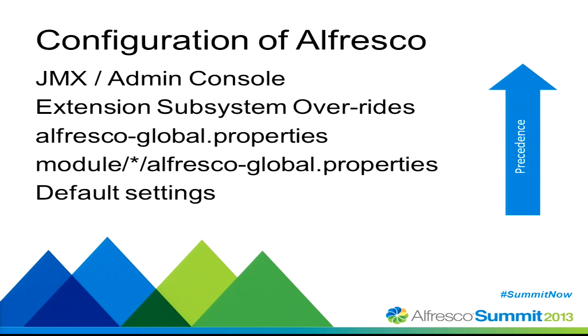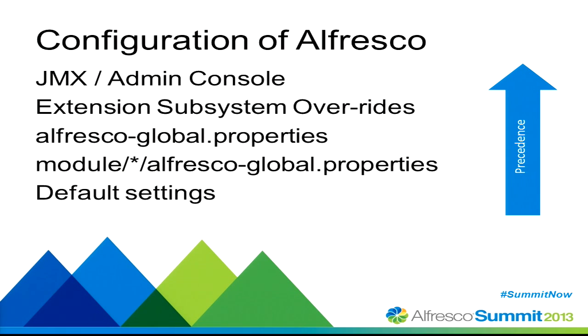So you can have separate settings for each authentication subsystem. And finally, the top precedence is the administration interface. It's called JMX. It's only available in Alfresco Enterprise. But I'll be demoing the use of that later.